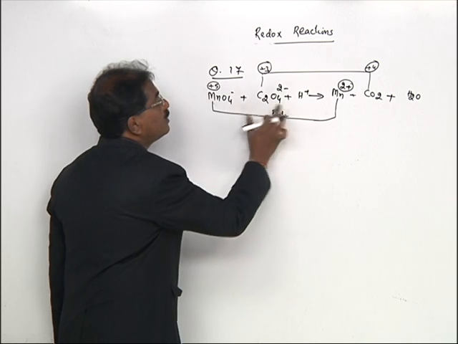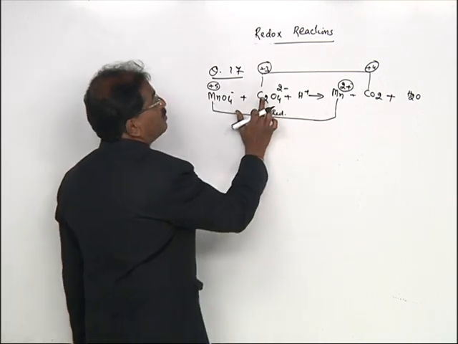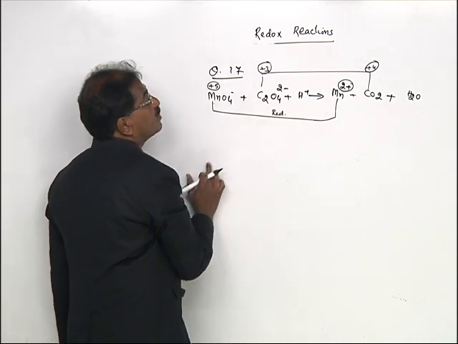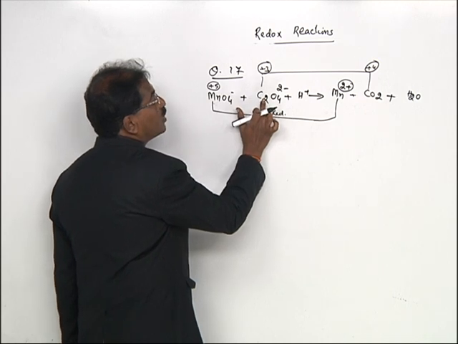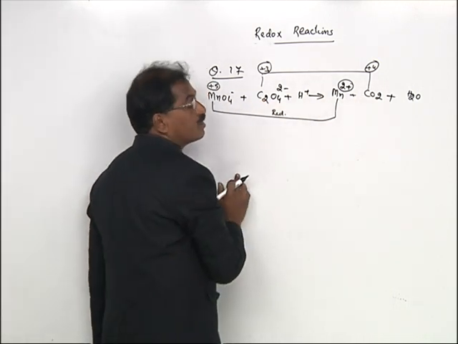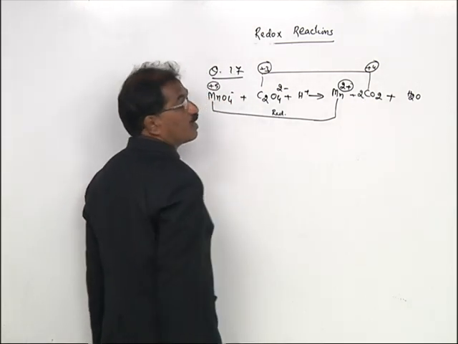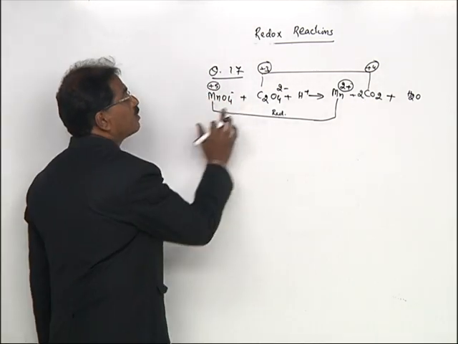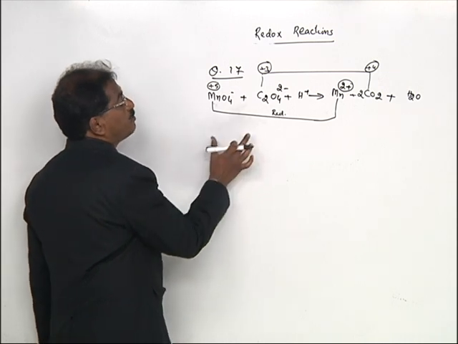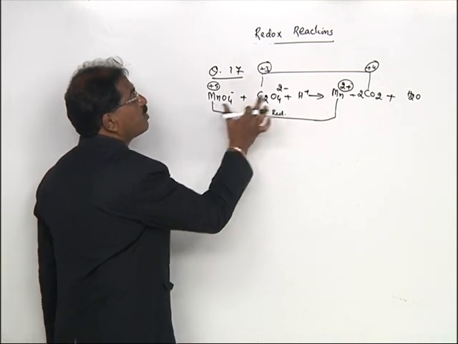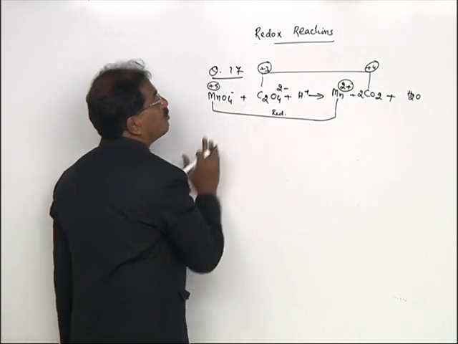You see, already they are balanced. Next, for carbon also, balance the atoms. Here on the reactant side 2 carbons exist, while here only 1 carbon. Therefore, by adjusting the stoichiometric coefficients, you balance the carbon atoms. Now carbon atoms are also balanced. So now we have balanced the atoms whose oxidation state is changing.